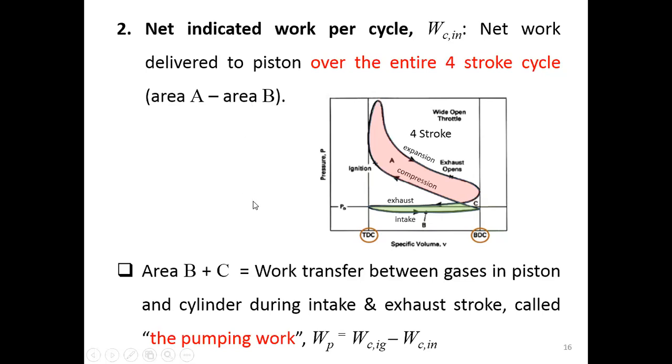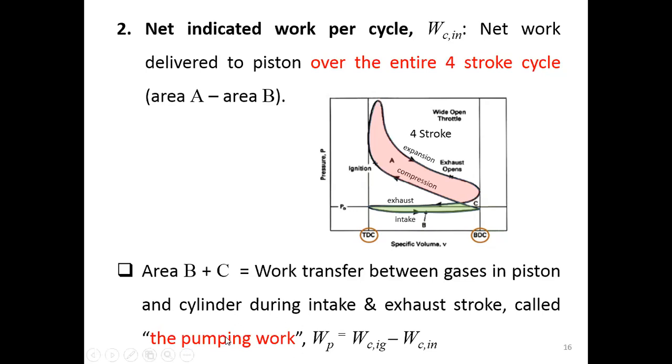How about the area B plus the area C here? The area B plus the area C refers to the work transfer between the gases, that means the exhaust and the intake, in the piston and cylinder during the intake and exhaust strokes. This is what we call the pumping work.